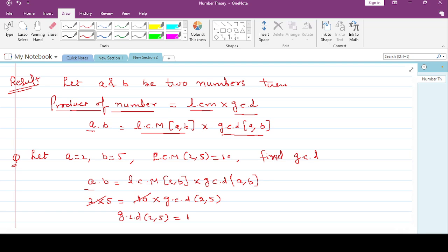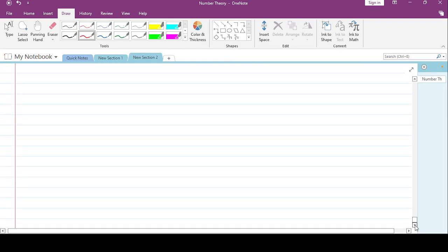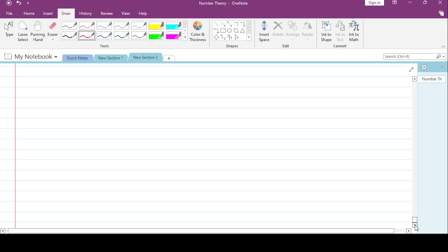Okay. Now after this, one more topic we want to discuss, that is, what are pairwise relatively prime numbers. So let A, B, and C be three integers. We may take more integers also, but suppose we take three integers.